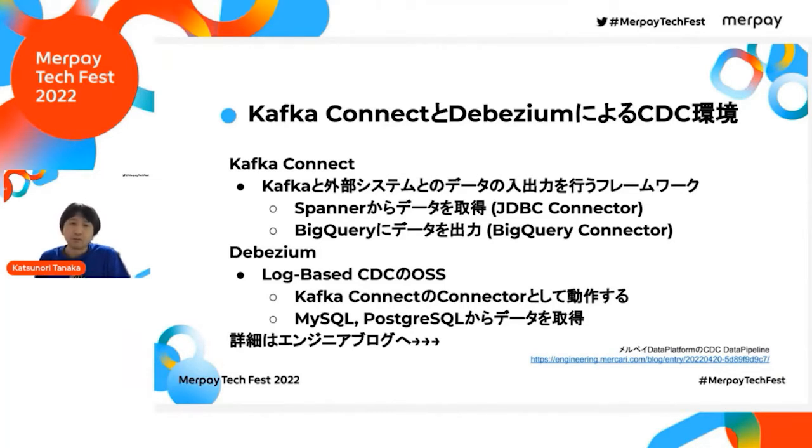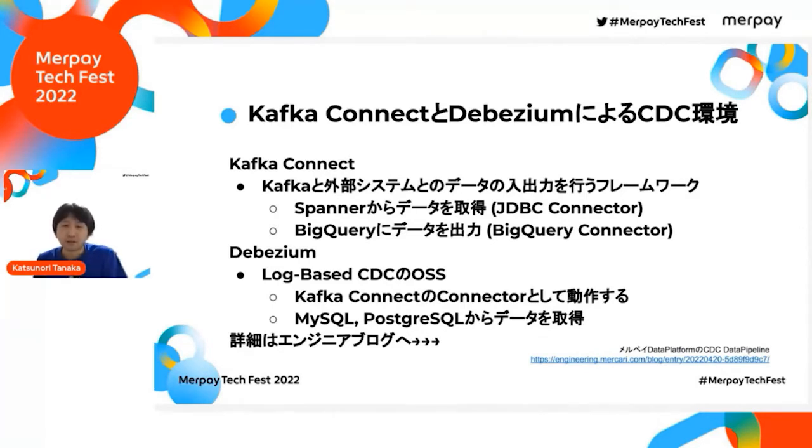Debezium is an OSS for log-based CDC and works as a connector for Kafka Connect. Merpay uses it to retrieve data from MySQL and PostgreSQL. Please refer to our recent article on Debezium and Kafka Connect on our engineering blog.